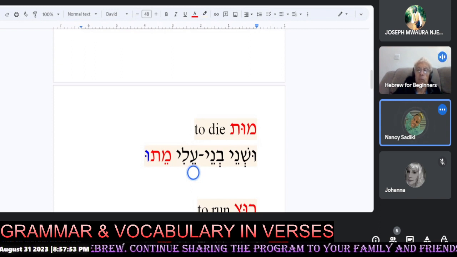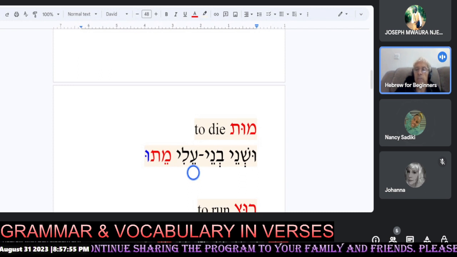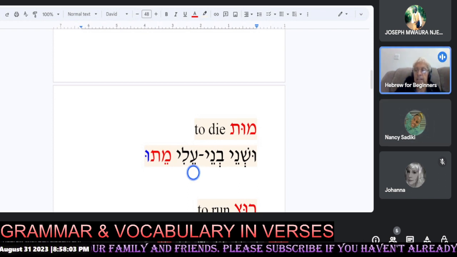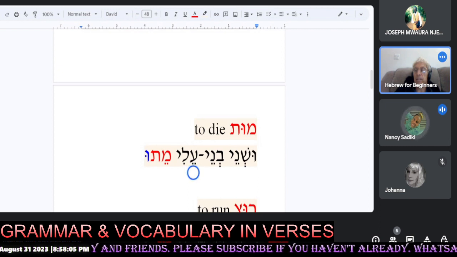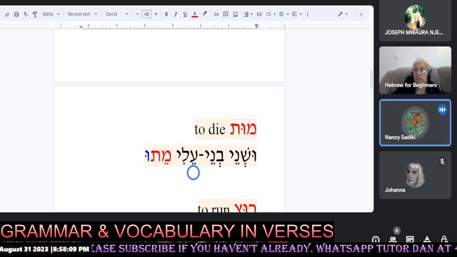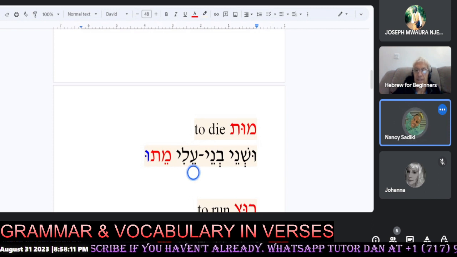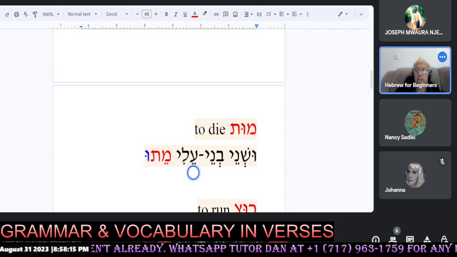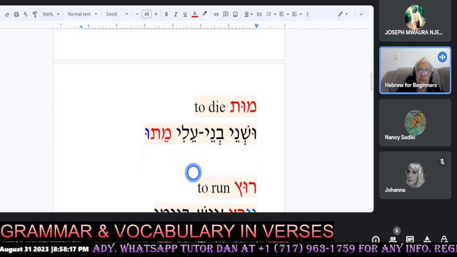It's from the Shoresh Lamed Mem Daled, Lamad, to learn. We make a noun out of it by adding the tav. There's my friend. Talmud is right.